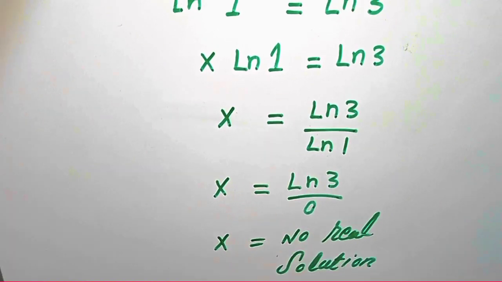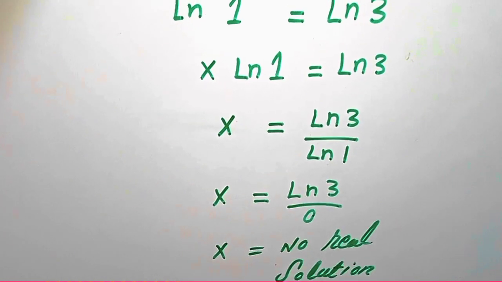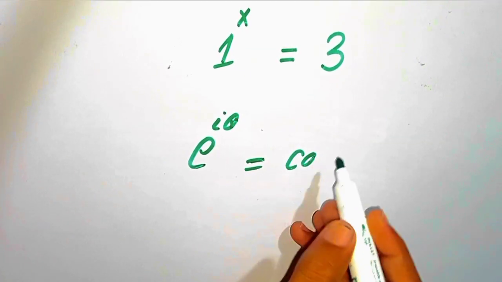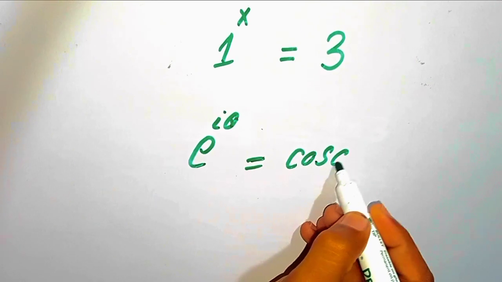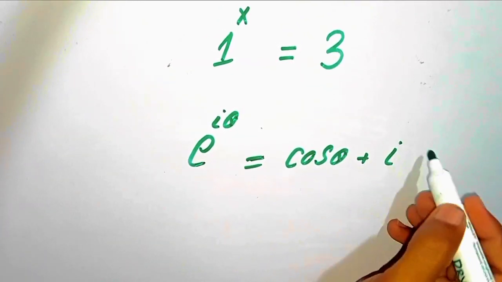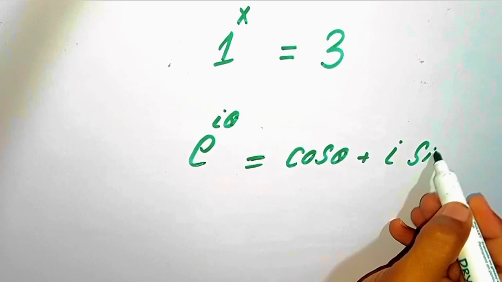So for this we use that e power iota theta is equal to cos of theta plus iota sine of theta.